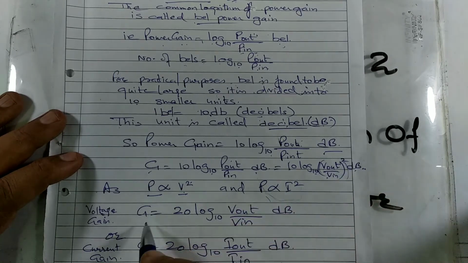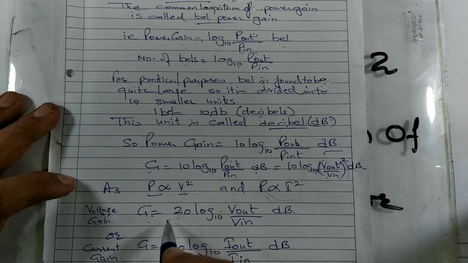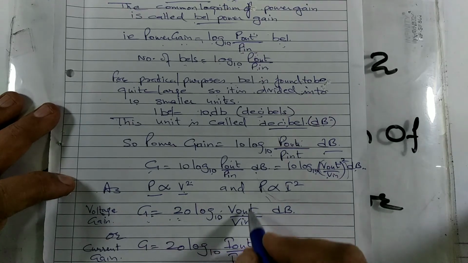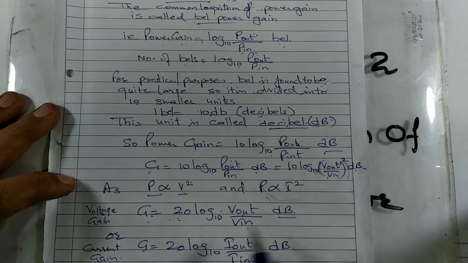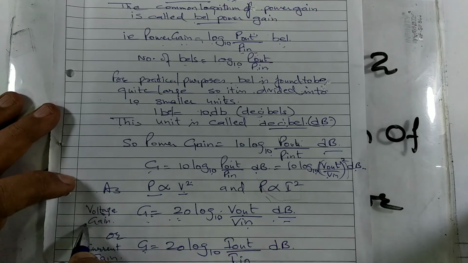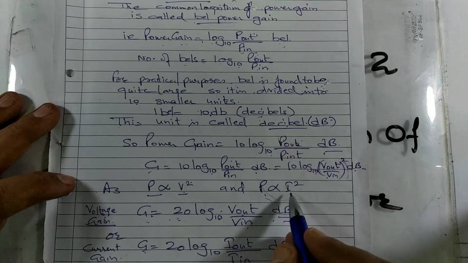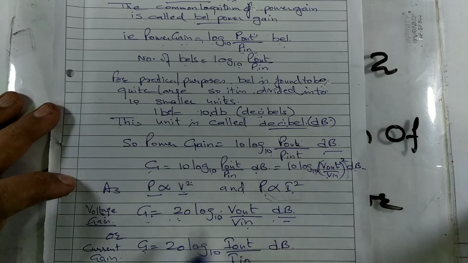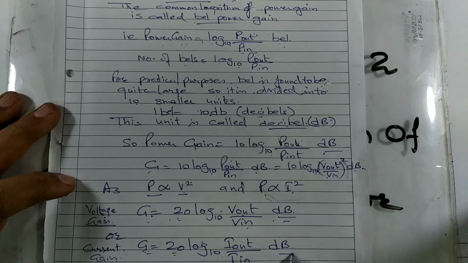So this 2 comes to the front and we get gain equal to 20 log base 10 Vout upon Vin dB. And this is in decibels. So this is the voltage gain. Or in terms of current, also power is directly proportional to the square of the current. So current gain is equal to 20 log base 10 Iout upon Iin dB.